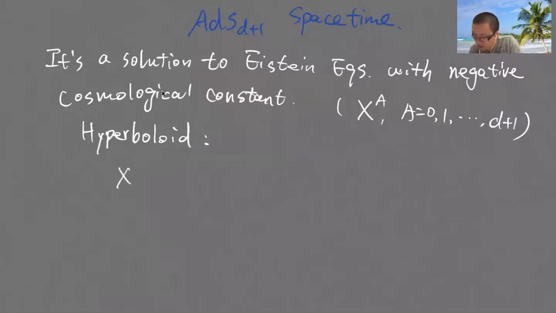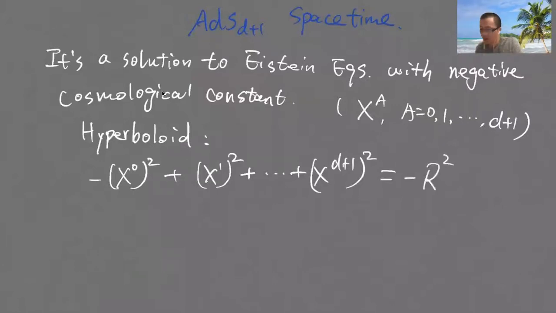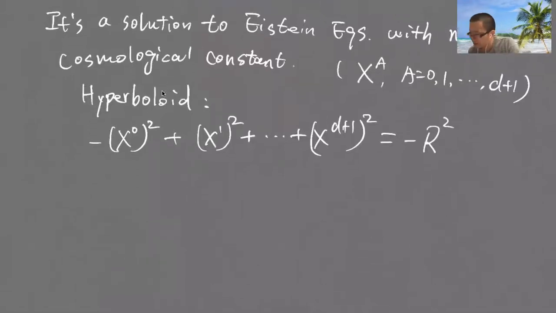So we have X0 squared plus X1 squared, and so on, plus X_{d+1} squared equal to minus R squared, where R is the radius of AdS space.